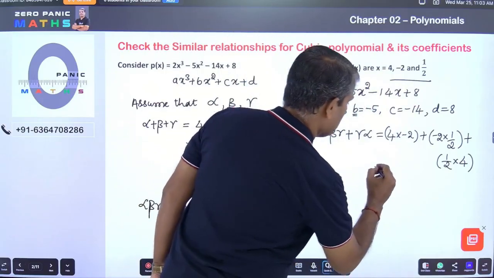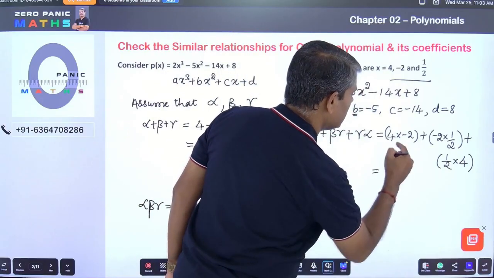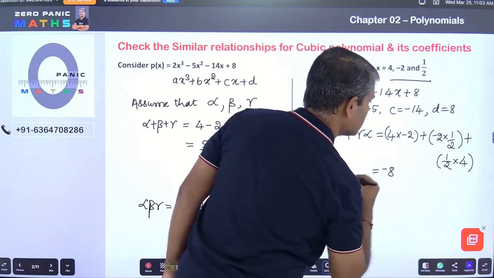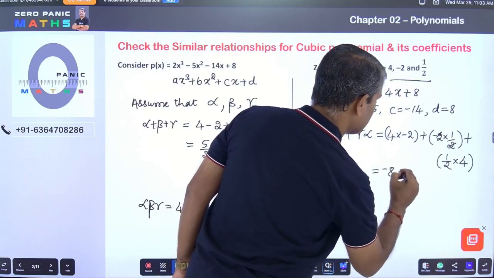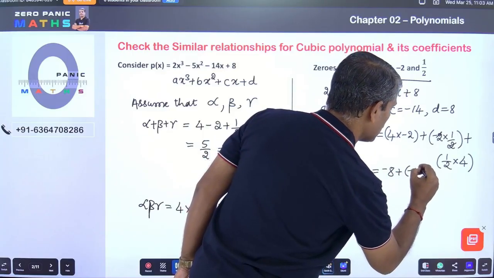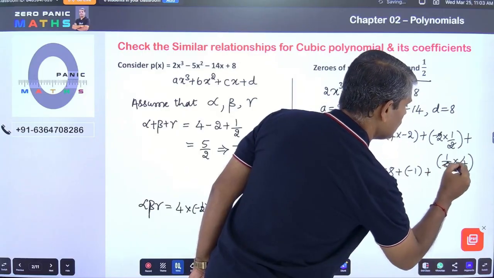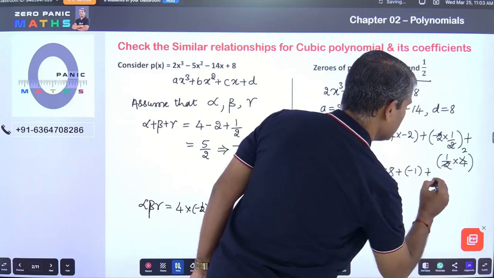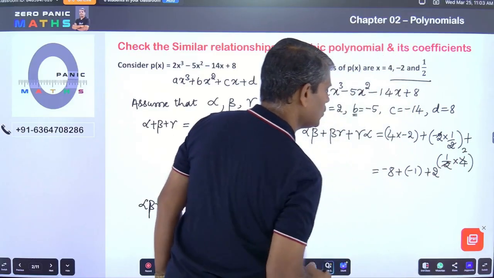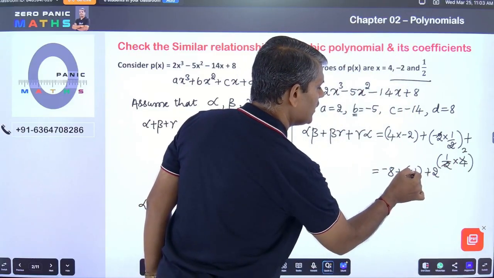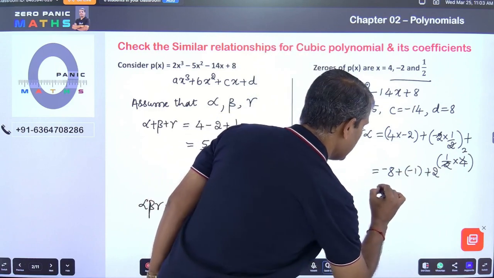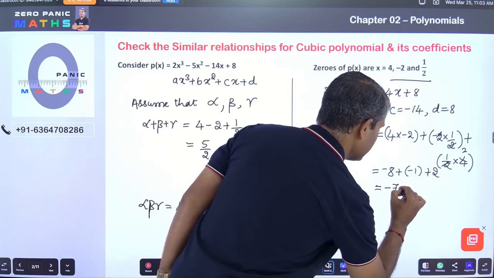Now let us continue that. Minus 8. The 2s cancel and plus minus 1 remains. And what remains here? It is 2. So it remains with 2. Minus 8 minus 1 is minus 9, plus 2 is minus 7.